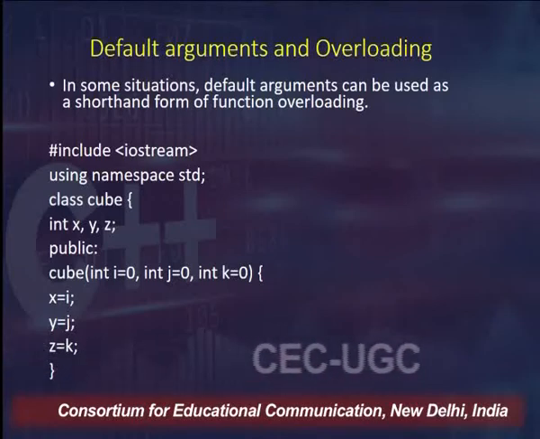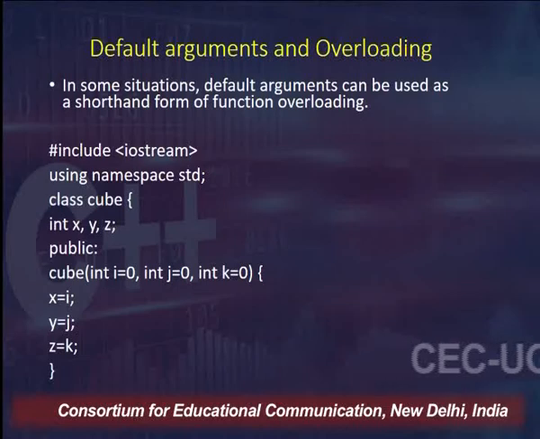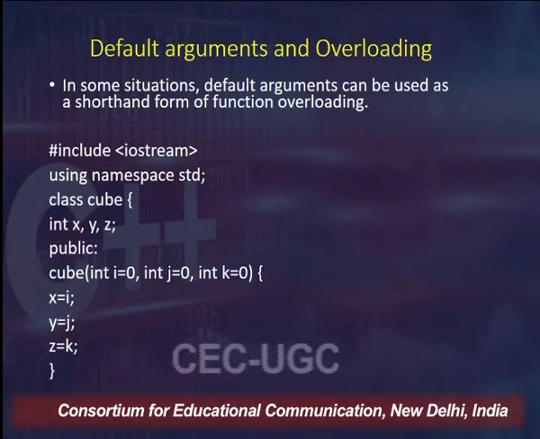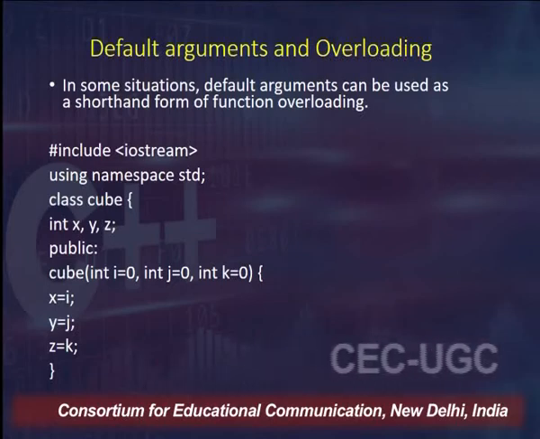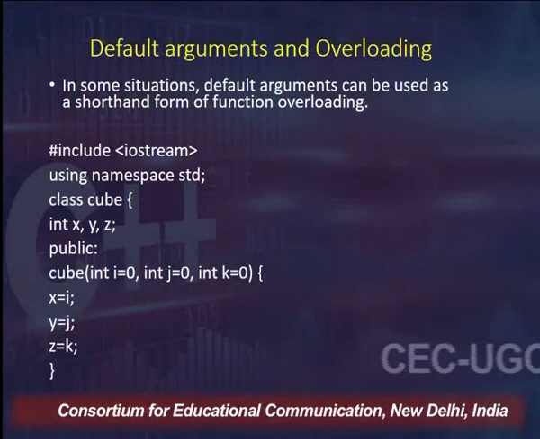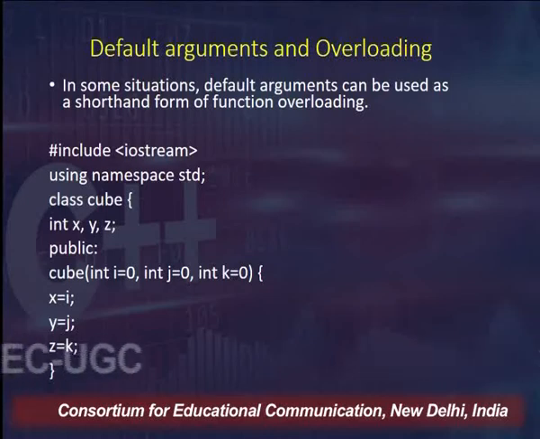Let's see. Here we have a class named Cube, with three variables x, y, z and a public constructor named Cube. I am naming the parameters integer i equals 0, integer j equals 0, and integer k equals 0.